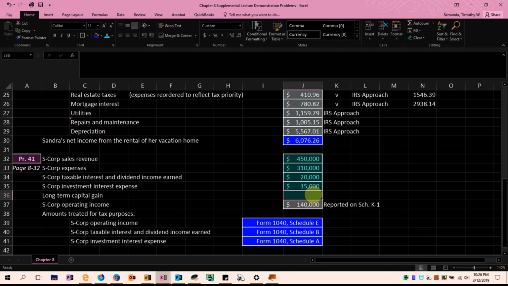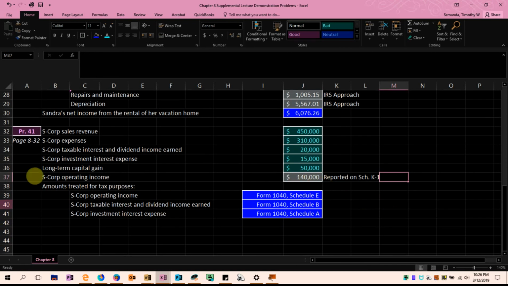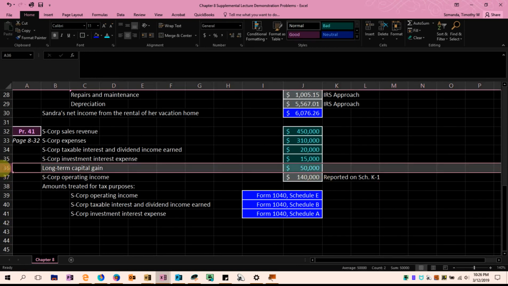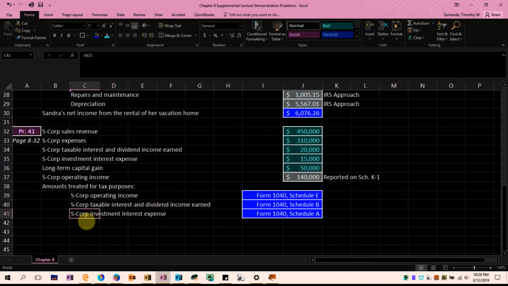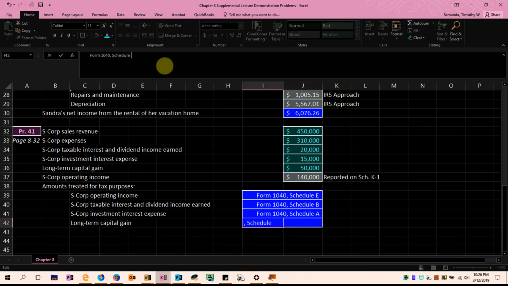Let's make that 50,000. This was not part of the problem, of course, but I'm just changing the problem to make the point. In this case, we'd have S corporation capital gain, and that would be reported on Form 1040, on Schedule D for any long-term capital gain. So had the problem included that, we would have reported it on Schedule D.